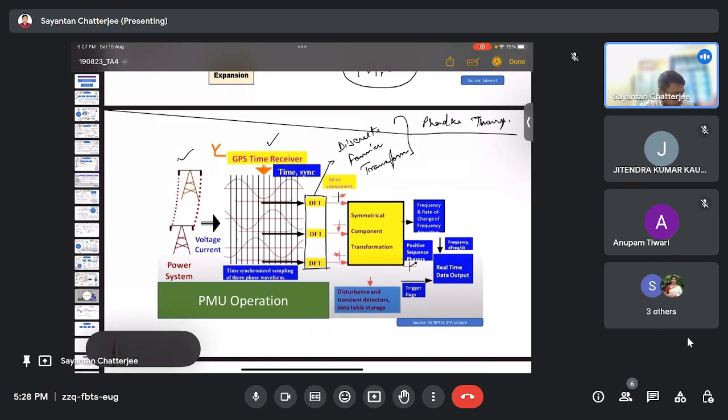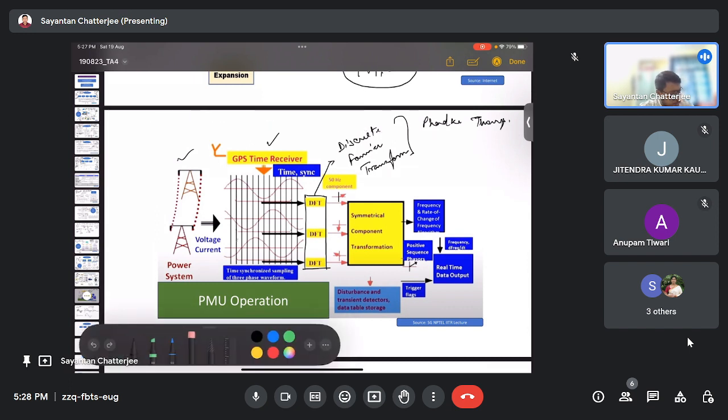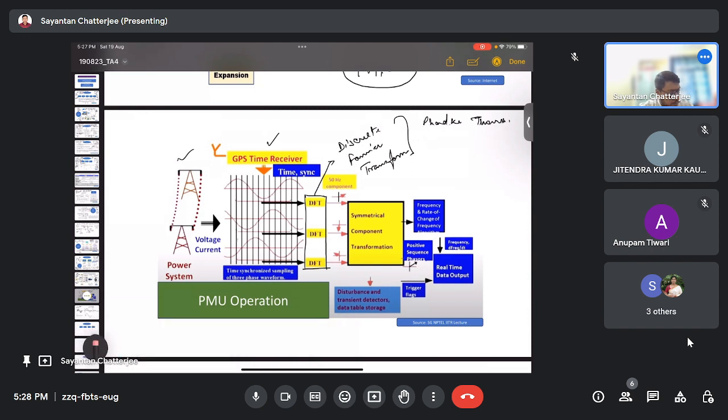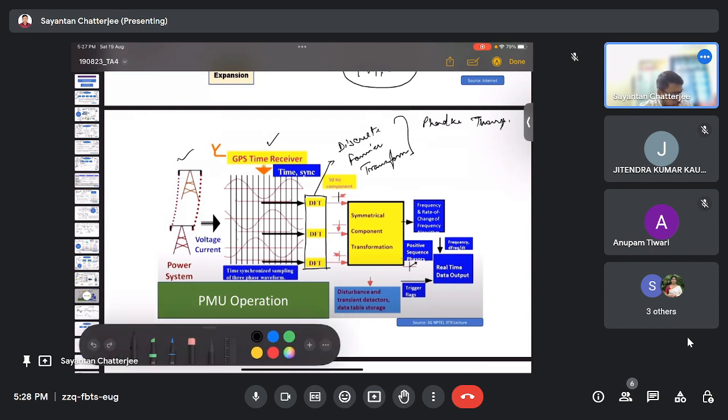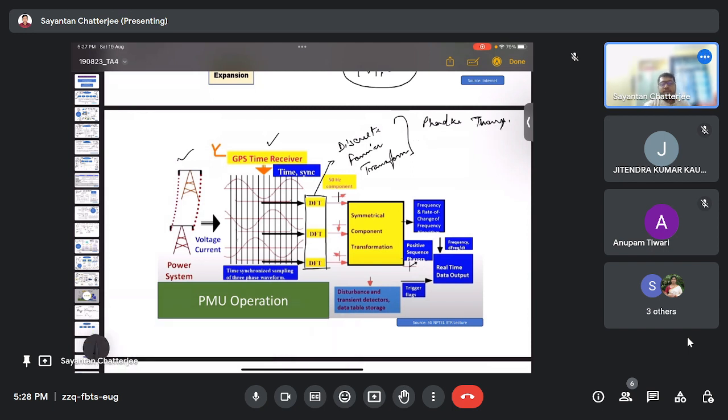This is quite an old technique, but it is the conventional one which was initiated by Phadke and Thorp, and it is still used, as DFT based techniques are easier to burn in the microprocessor, because the microprocessor has some memory limitations and all these things.